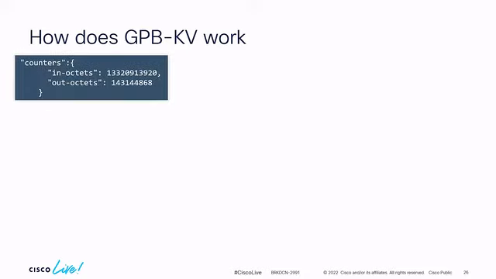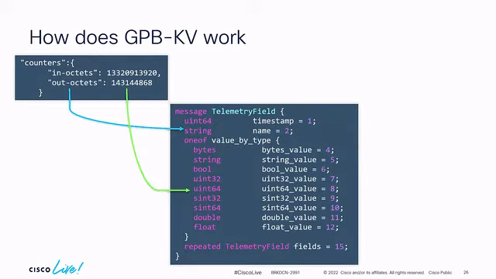So we developed something called JPB key value. The format is still JPB, still Google Protobuf, but in a nutshell, we encode the key as plain text and the value as binary.